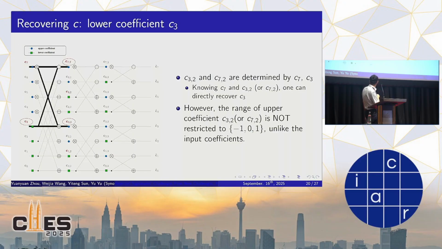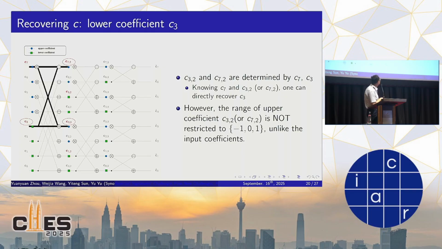Let's consider a lower coefficient, c3. Because this coefficient will not be multiplied by any twiddle factor, we cannot directly recover its value. What we do is first observe that c3^2 and c7^2 are determined by c3 and c7.